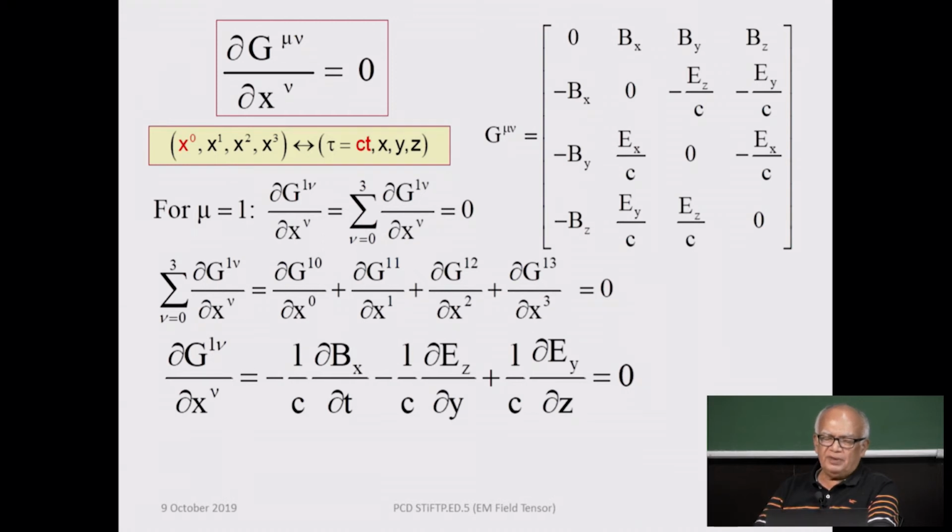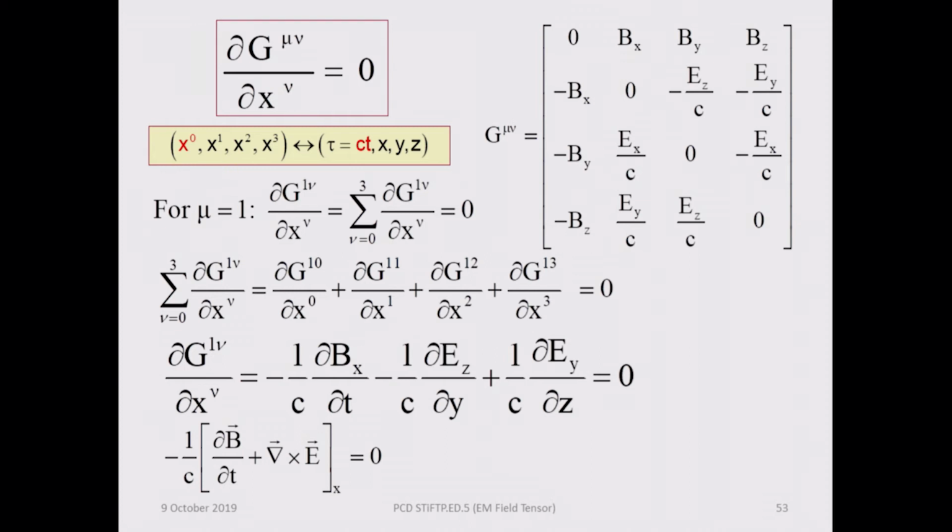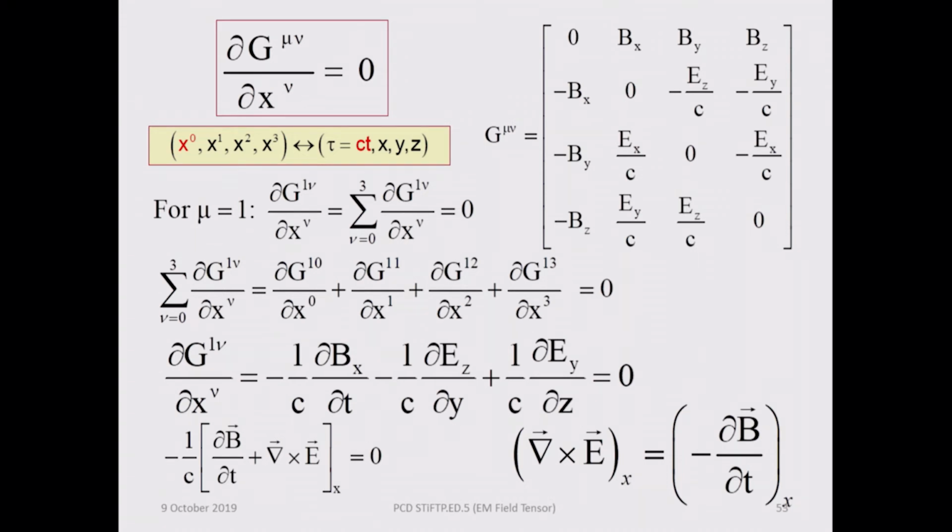You see that there is a time derivative of the x component of the magnetic field, but then what it cancels are the x components of the space derivatives of E, which are contained in the expression for the curl of E. So, you can multiply both sides by C, and you essentially get the Faraday-Lenz law for the x component.